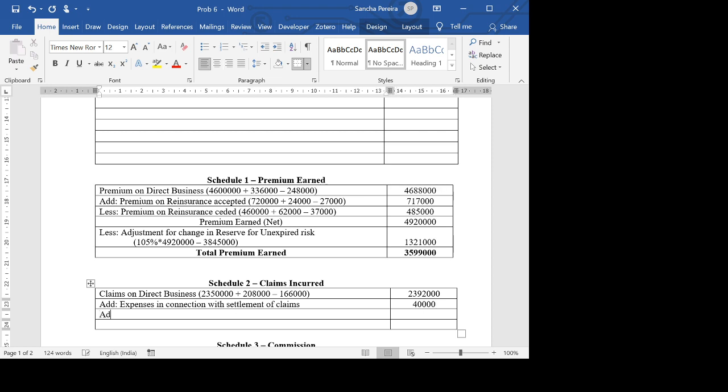Besides that, we also have claims on reinsurance accepted. So here we have 3 lakhs plus 44,000 minus 39,000. That gives us 3 lakhs 5,000.